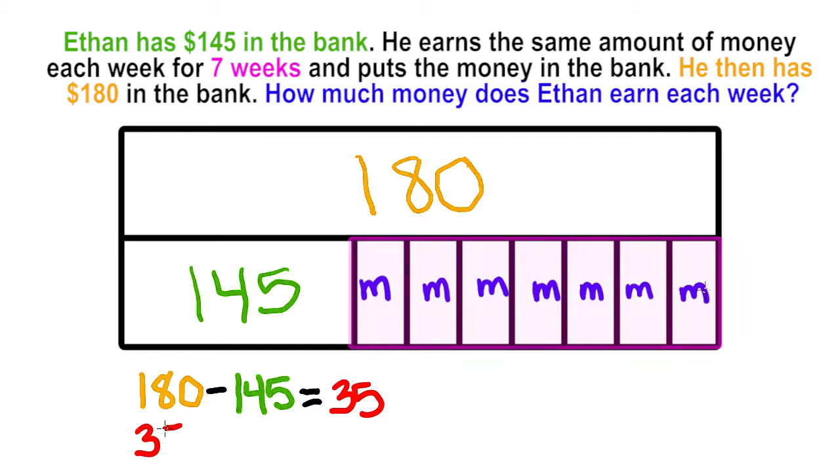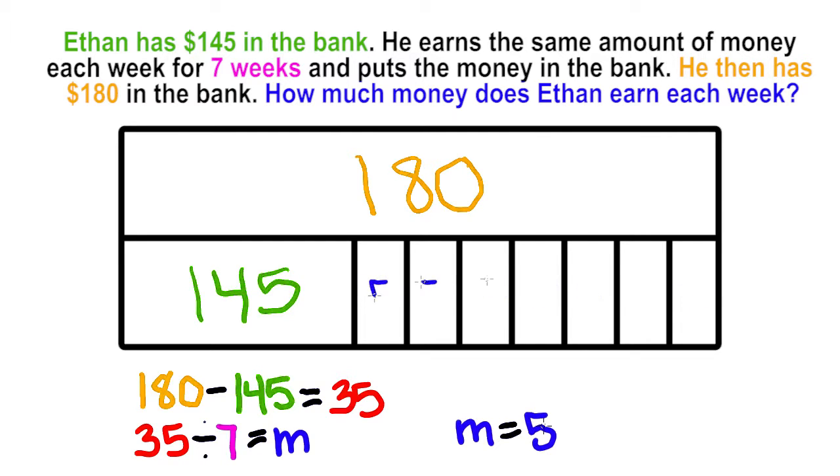I can solve this by taking 35 and dividing it into 7 equal groups for each week to solve for M. I then can say 35 divided by 7 equals 5. So M equals 5. Ethan earned $5 each of the 7 weeks.